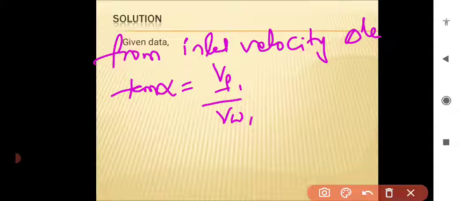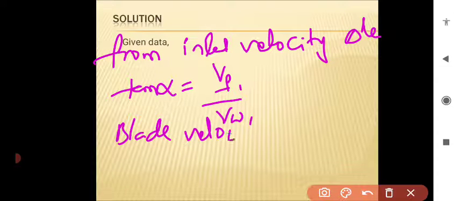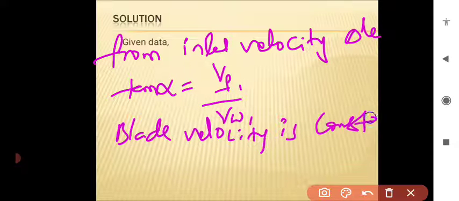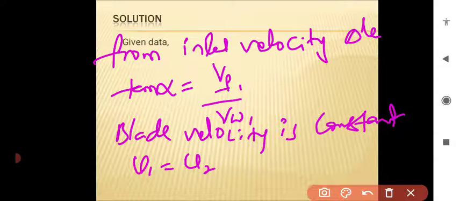The blade velocity is constant, so from this first we have to calculate Vf1 and Vw1. Since blade velocity is constant, u1 is equal to u2 is equal to u.